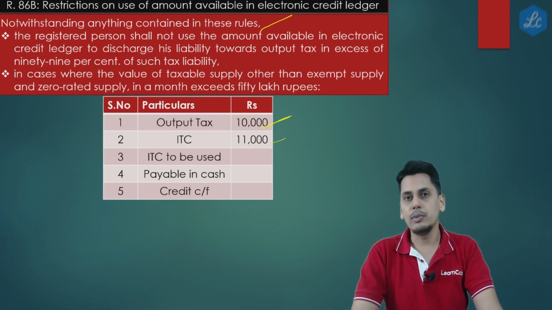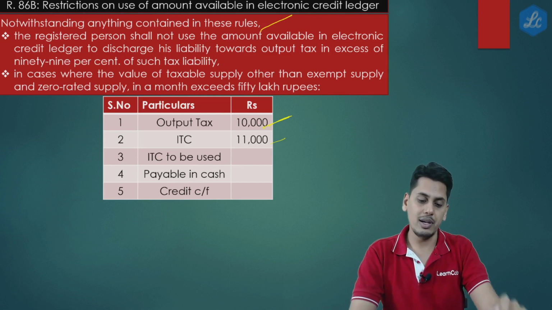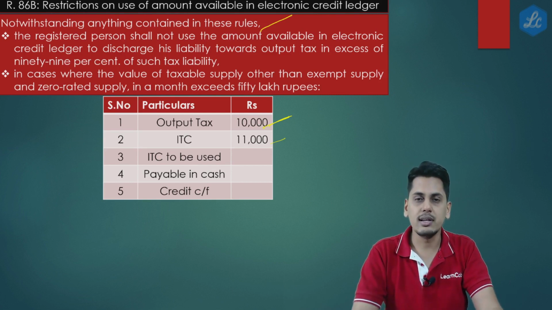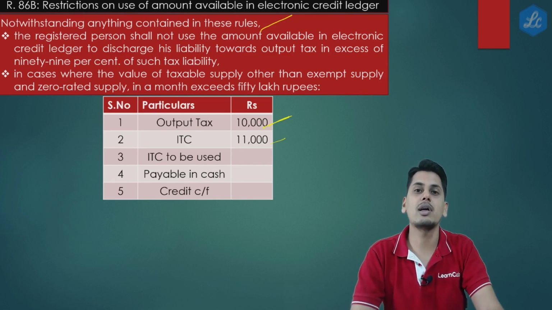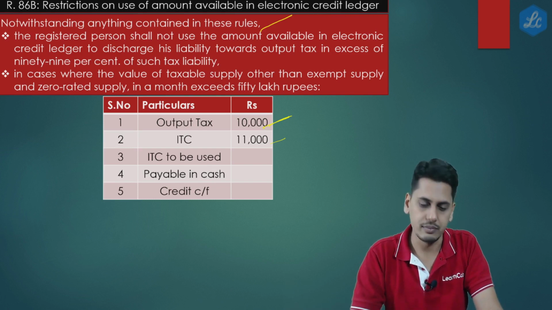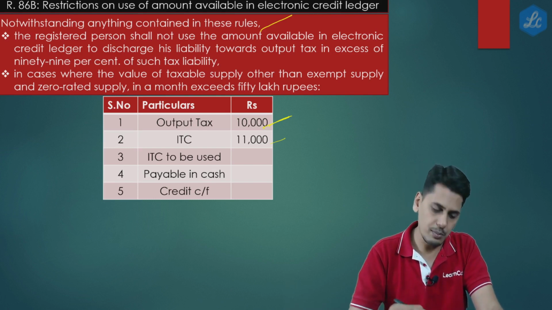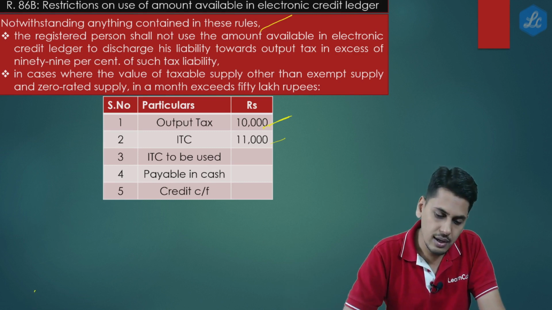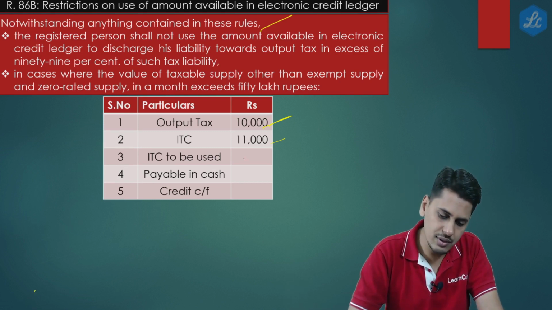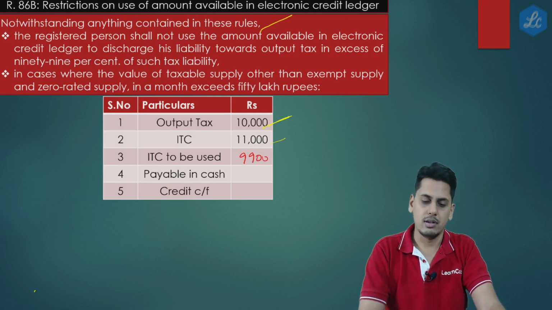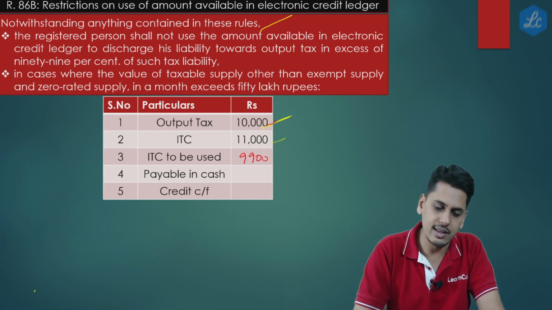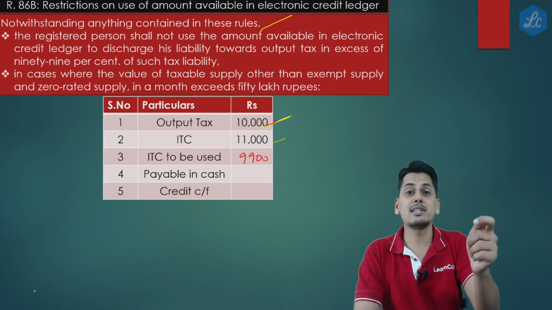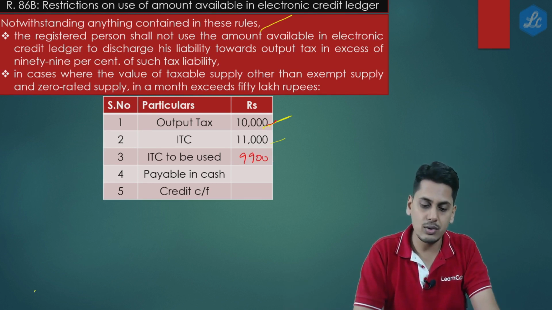What is the amount of input tax credit which you can use? It is 99% of the output tax liability, which means you will be in a position to use input tax credit only to the extent of 99% of 10,000, which is 9,900 rupees.